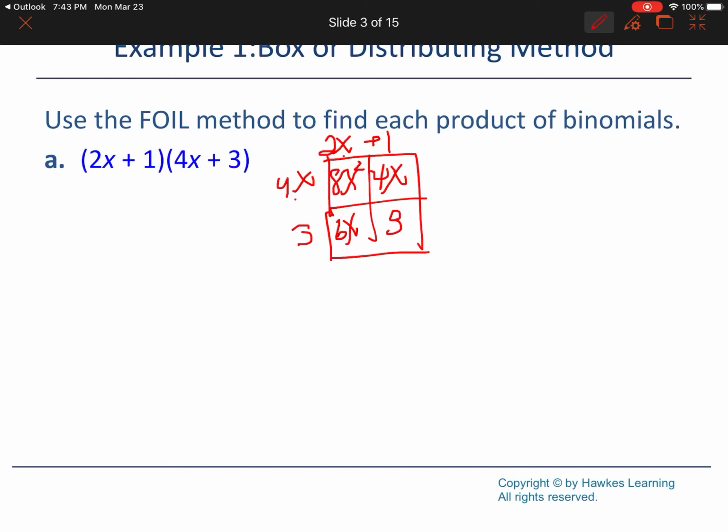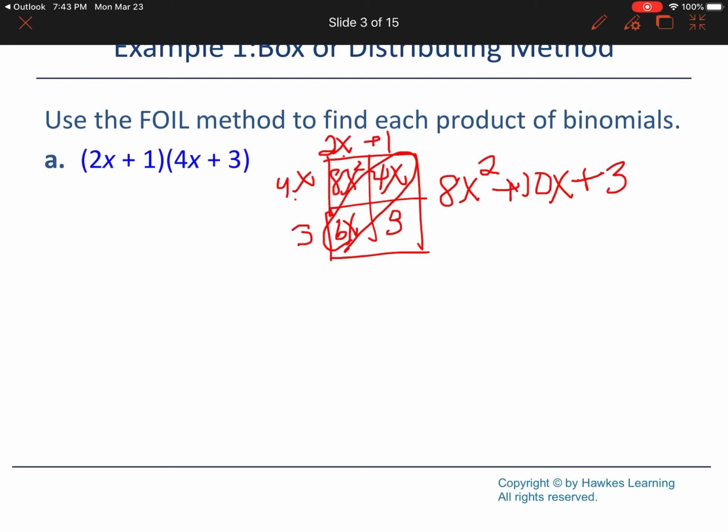I'm sorry that sometimes the handwriting with this stylus doesn't look great, but we'll do the best we can. Remember that we add them, we combine like terms, we write it out nice and orderly with biggest degree first. We add the 4x and the 6x and get 10x.